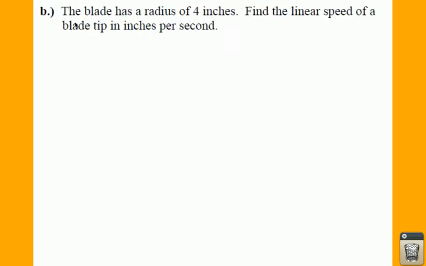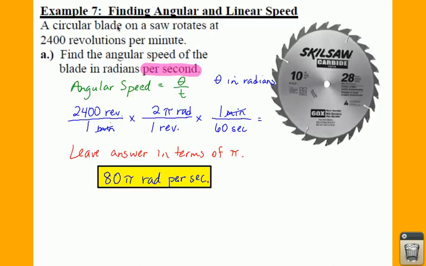So that's finding your angular speed. Now remember we talked about how you can find your linear speed. Your linear speed is just S over T, which is the same as S equals R theta over T, or we can say R times theta over T. Well, theta over T, I feel like I figured that out before.